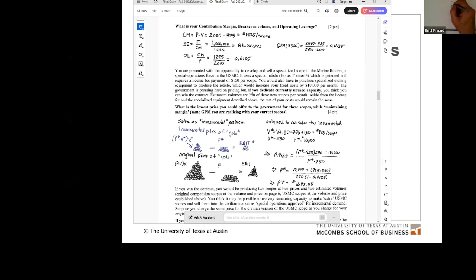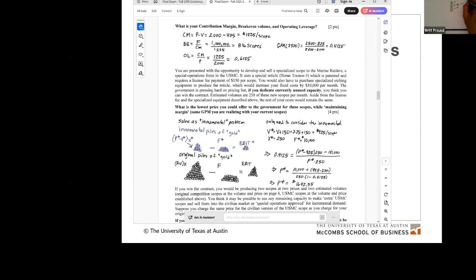Okay. And then I don't know what my per unit profit is going to be. I know that the price I'm going to charge the Marine Corps is the sum of those three. So it's going to be pi star plus 400 plus 925.